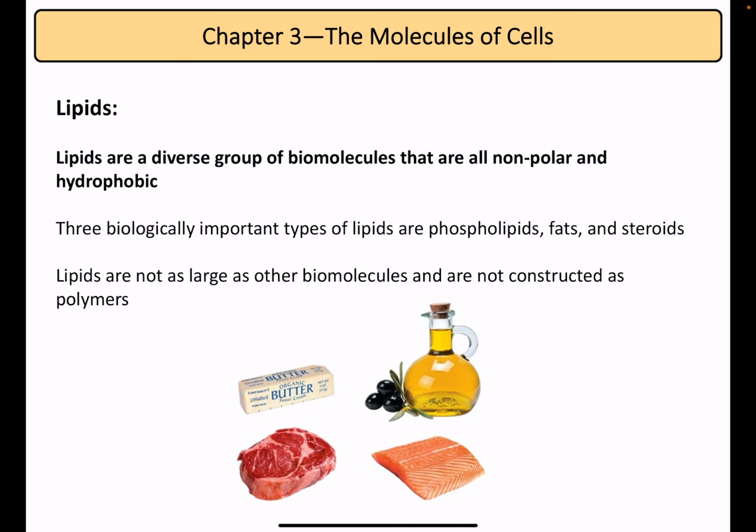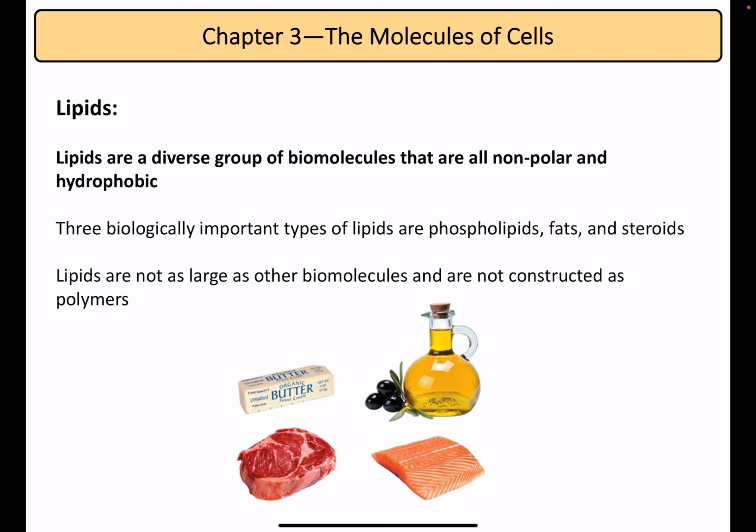They're all hydrophobic. And the reason that they're hydrophobic is because if you look at their chemical structure, they're composed almost completely of non-polar covalent bonds. And if you remember back to chapter 2, that means that all of these bonds involve atoms that are sharing pairs of electrons equally.